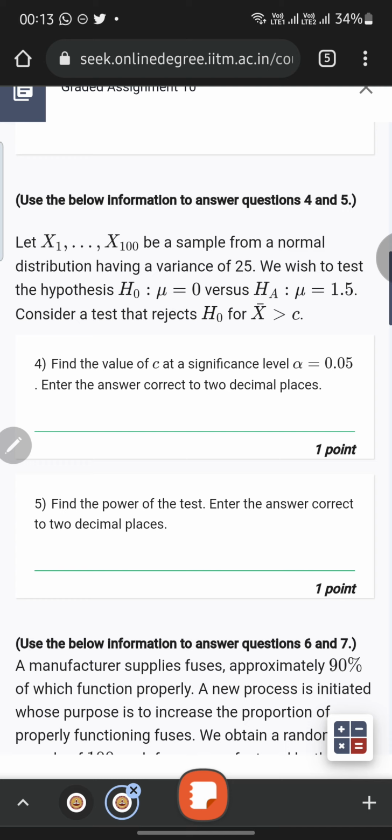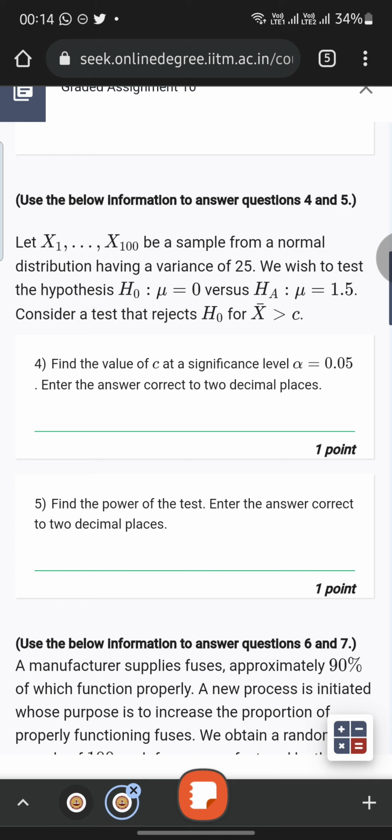Next is, okay, a sample of 100 made from a normal distribution having a variance of 25. We wish to test the hypothesis: the null hypothesis is mu equals 0, and the alternate is mu equals 1.5. We need to consider a test that rejects the null hypothesis for an expected mean greater than the critical value.